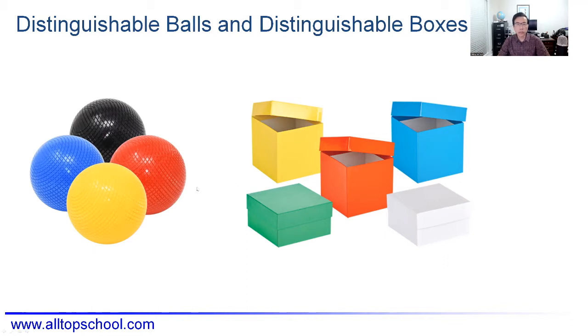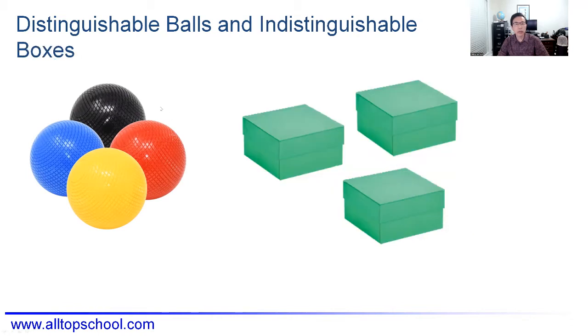Before we go over this type, we're also going to show you the other 3 types of models at a glance. The second one is distinguishable balls put into indistinguishable boxes. For example, if you put a blue ball into any of these, it's treated the same. And the same thing for other balls.